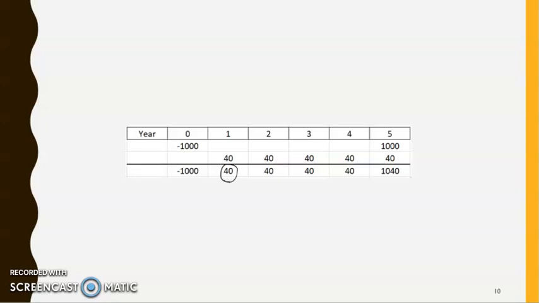So the amount of interest that you get for year two would be based on the initial 1,000. So another, this 1,000 that you have here times 4% would be this 40 that you can see here.